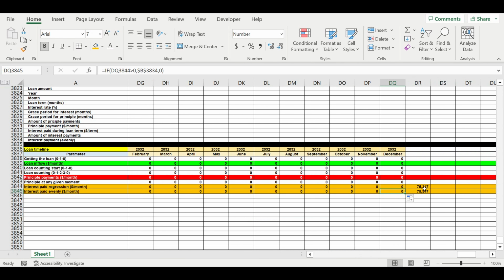As we can see, the totals for these two lines are the same, but the way we pay it is different.